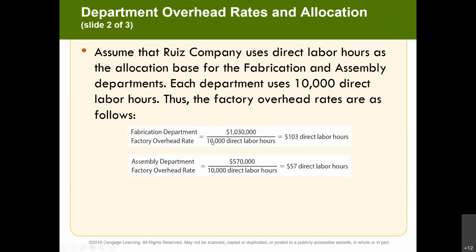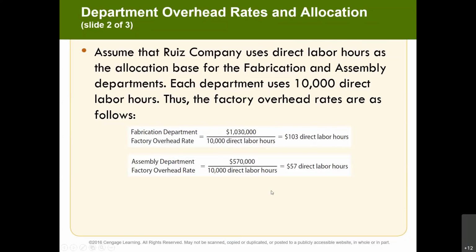The base is still going to be the direct labor hours, and we said that for this it's 10,000 direct labor hours. So 1,030,000 divided by 10,000 direct labor hours gets us to $103 for each direct labor hour for the fabrication department factory overhead rate.